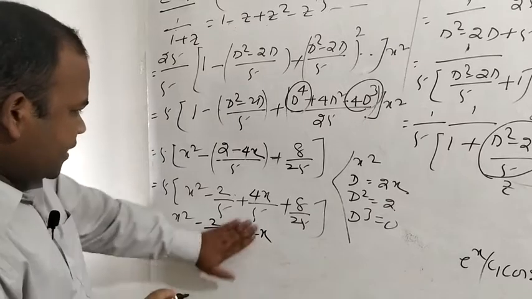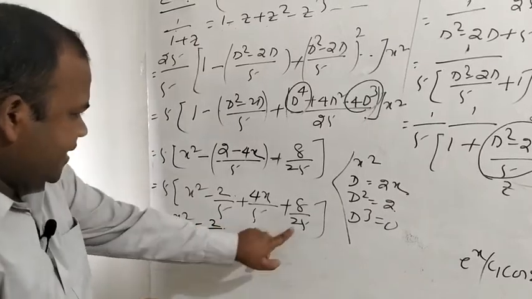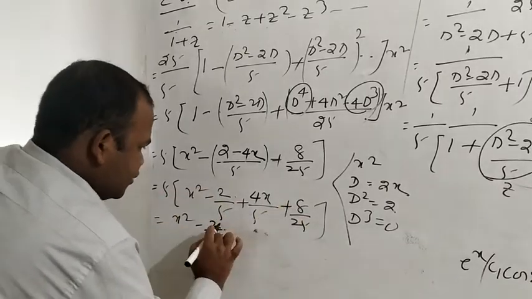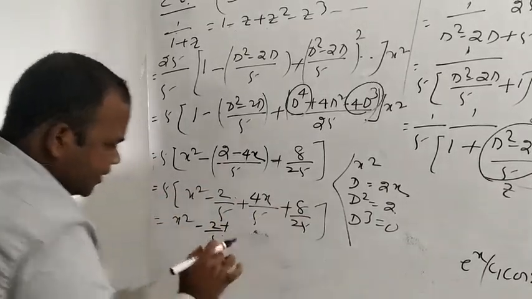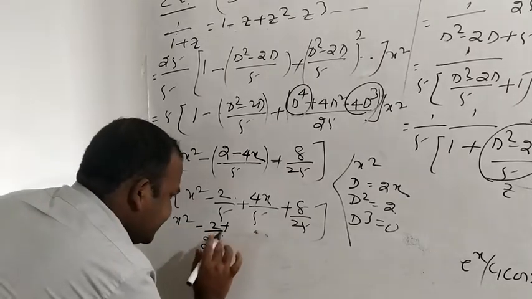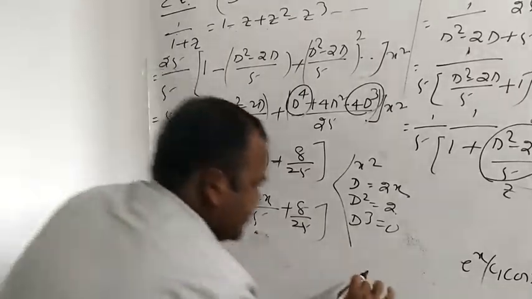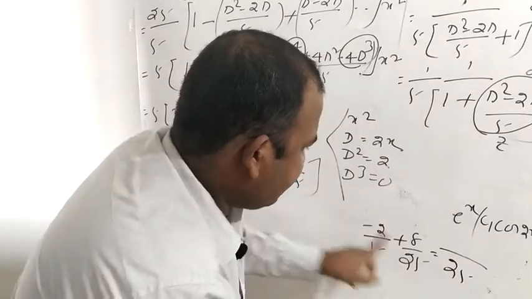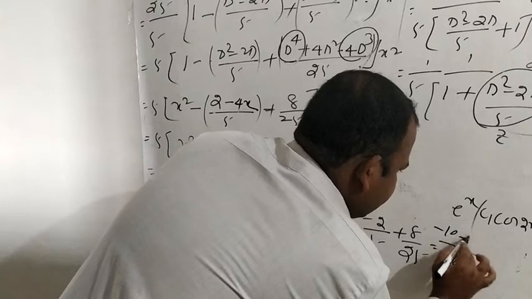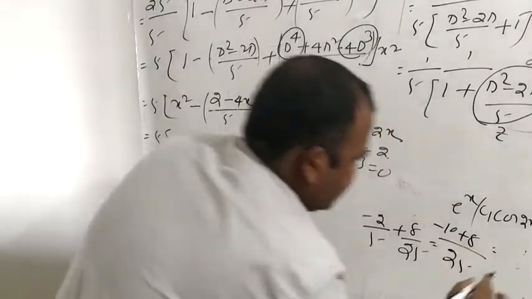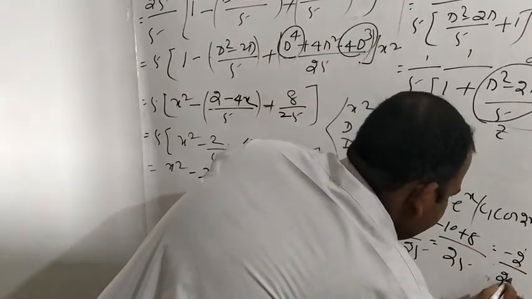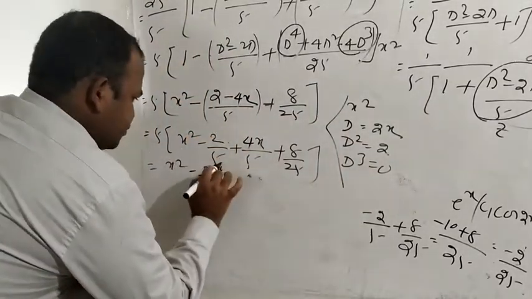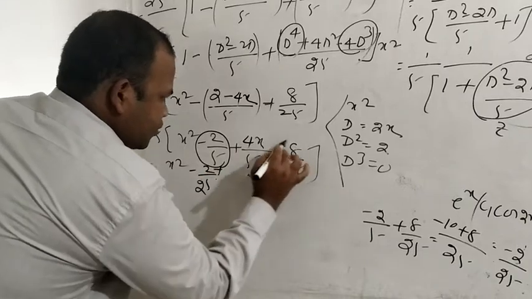What is the LCM? The LCM is 25. So minus 10 plus 8, this is minus 2 by 25.